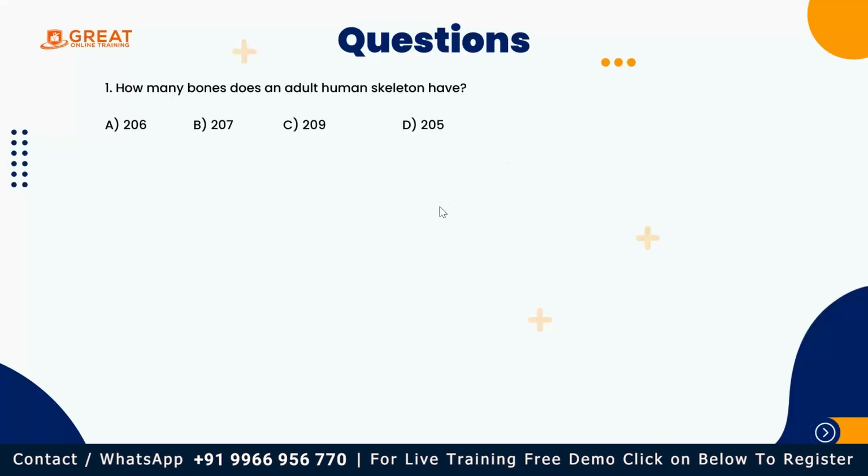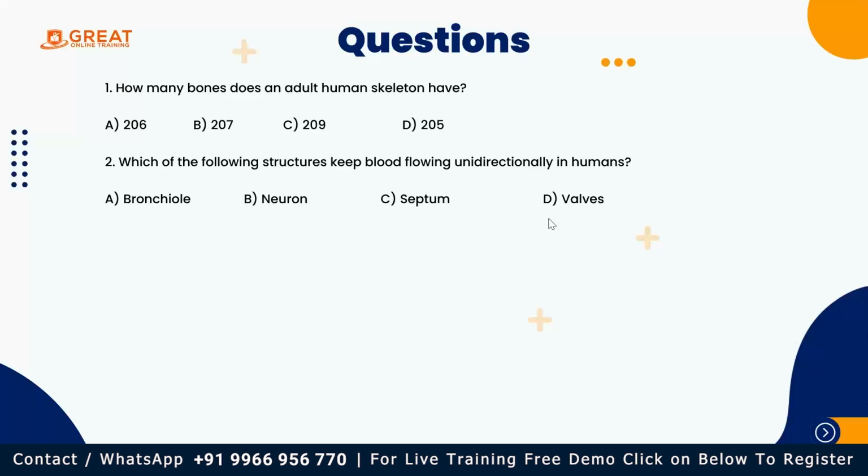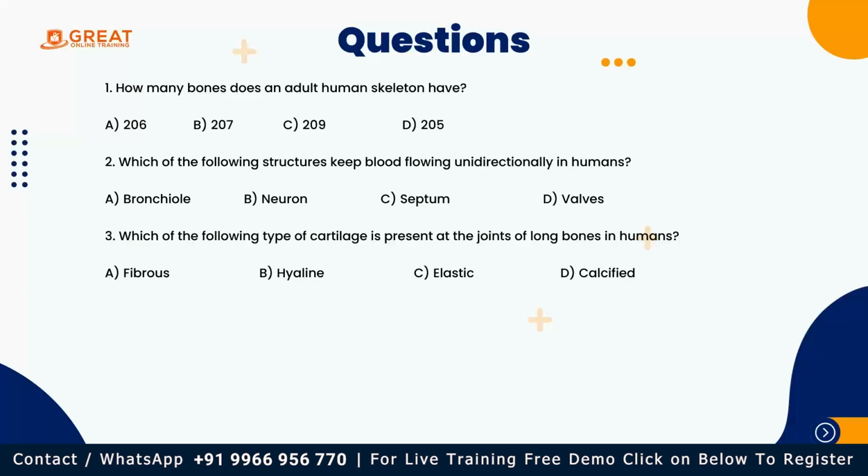How many bones are present in the adult human skeleton? 206. Yes. Next question: which of the following structures keeps blood flowing unidirectionally in humans? Valves. Yes. Then which of the following types of cartilage is present at the joints of long bones in humans? Fibrous?